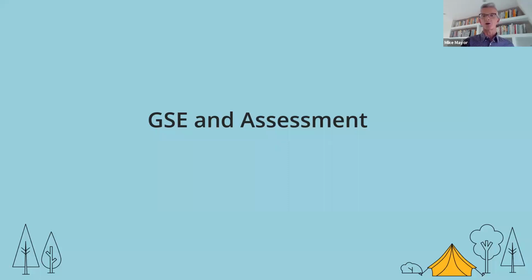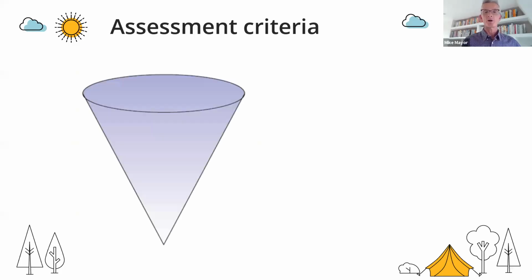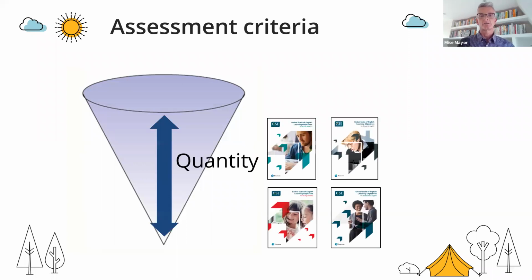Now, this is an assessment conference, so I don't want to skip the part on assessment, GSE and assessment. When we are assessing language, we really have two parameters that we're assessing. One is quantity. How many things can a learner do in the language?